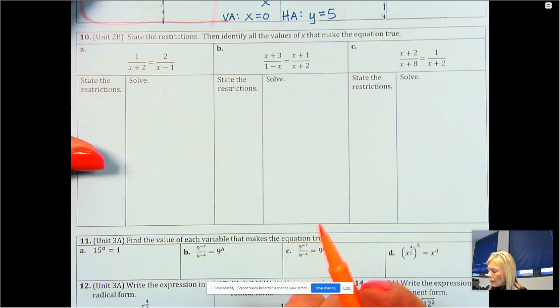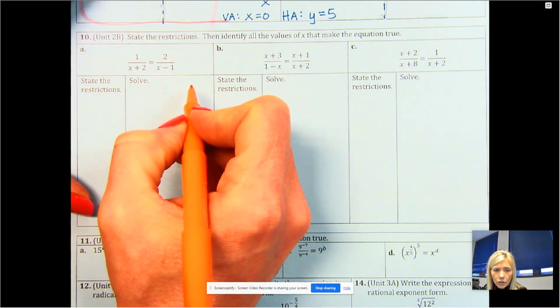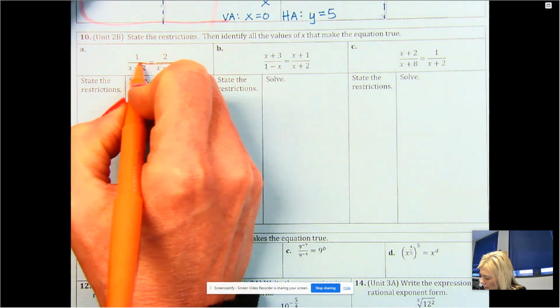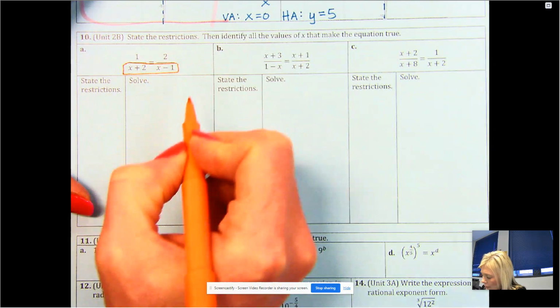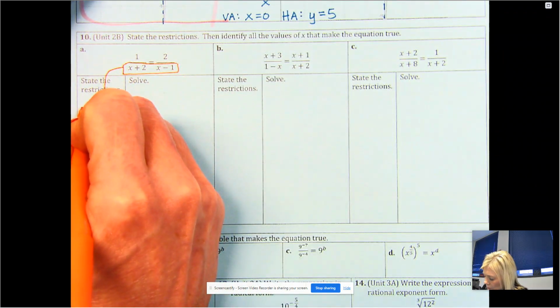So restrictions come from having a denominator of a fraction, so the bottom, a denominator equal to 0. So we've got denominators of x plus 2 and x minus 1, and we just focus on the denominators.